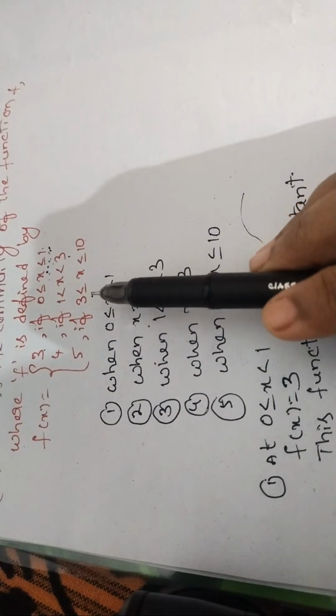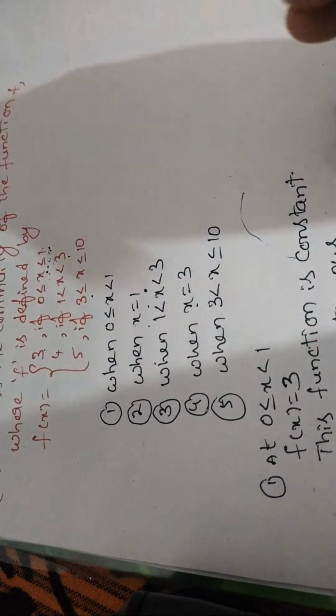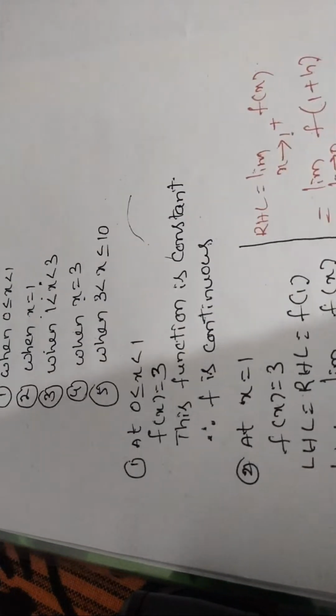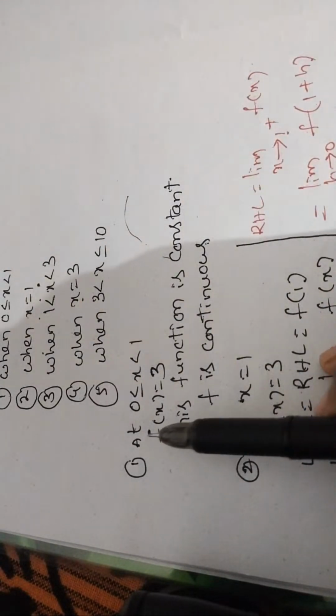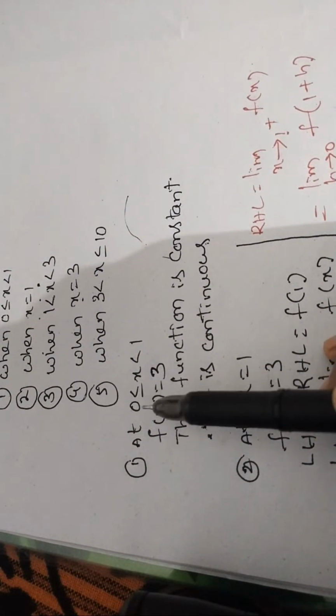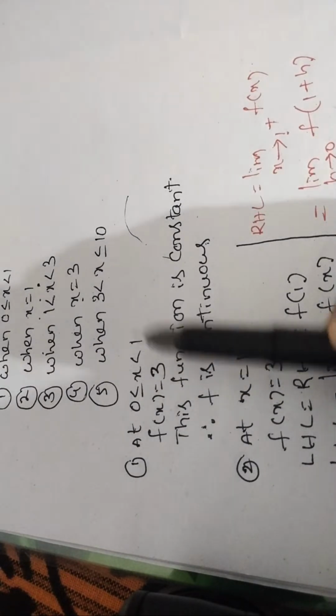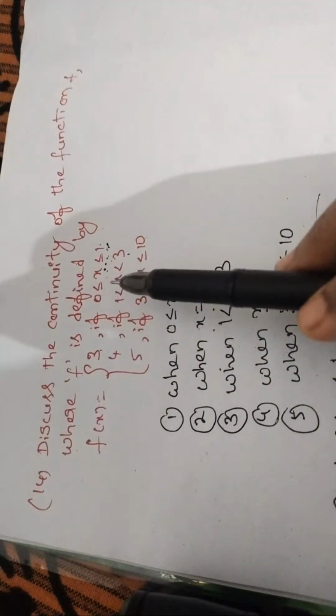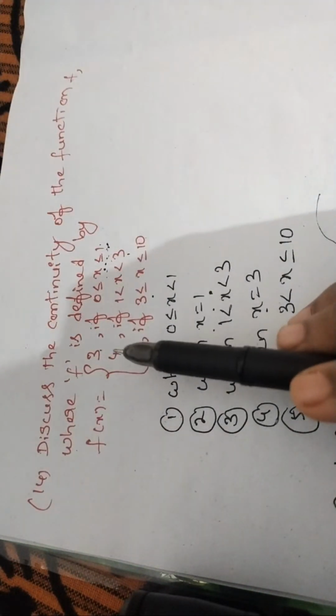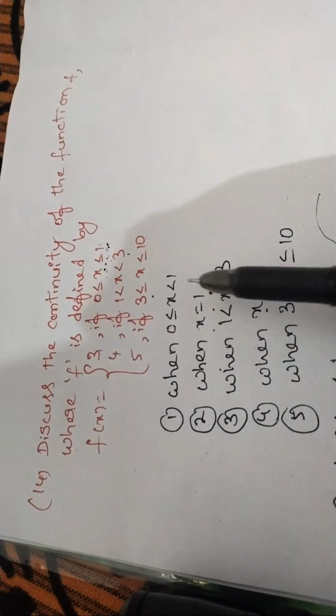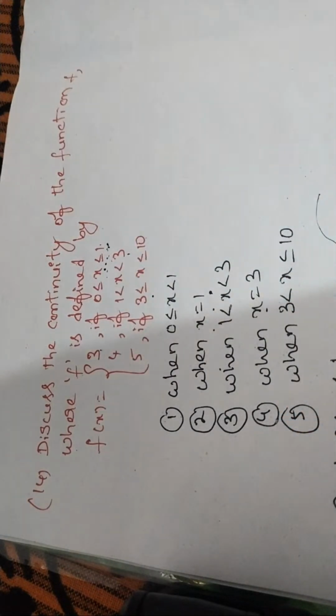And the last case is 3 less than x less than or equal to 10. So 5 cases are available. Next we start with the first case, when 0 less than or equal to x less than 1, the function is 3.